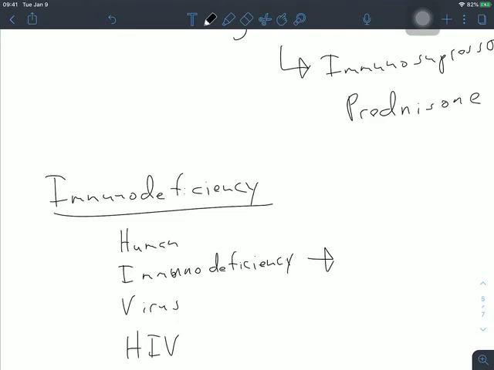And HIV on its own is sufficient to cause acquired immunodeficiency syndrome, or AIDS.